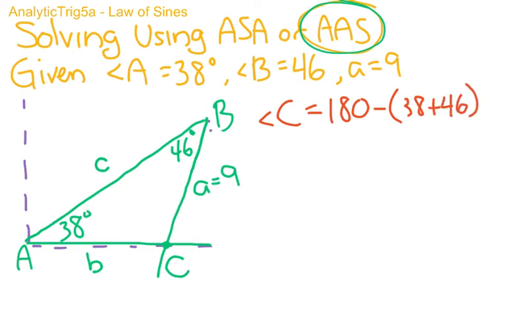So this is something that you would show on paper to prove that you know what you're doing. So 180 minus 84 is 96. Aha! 96! That kind of looks like the angle that I sketched, because I was just being fairly careful with what I was doing.